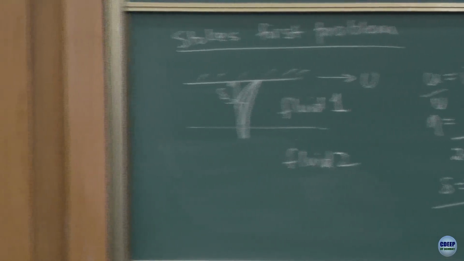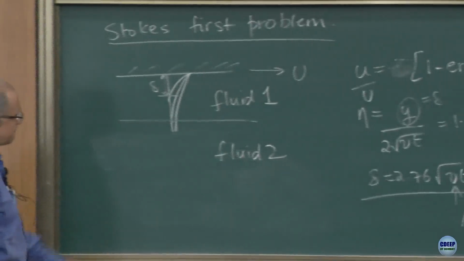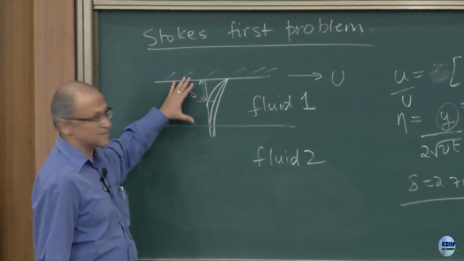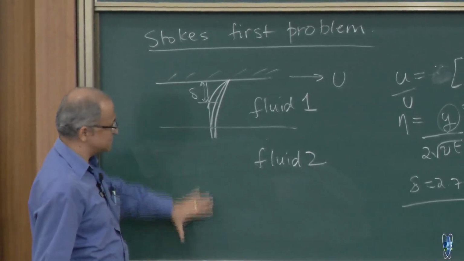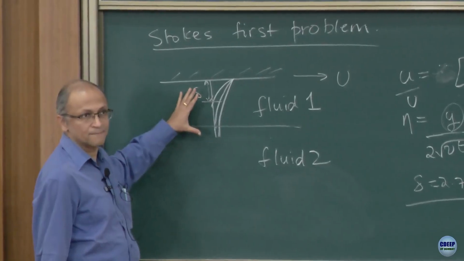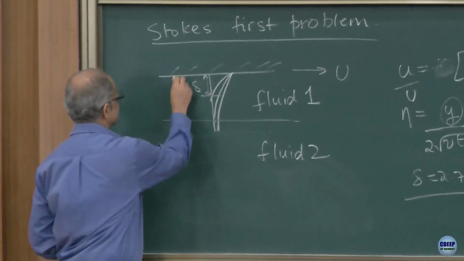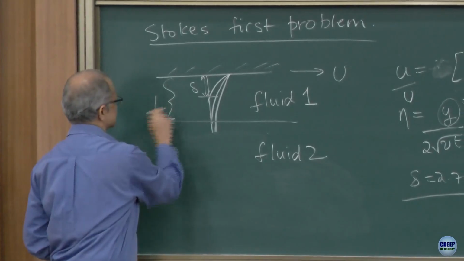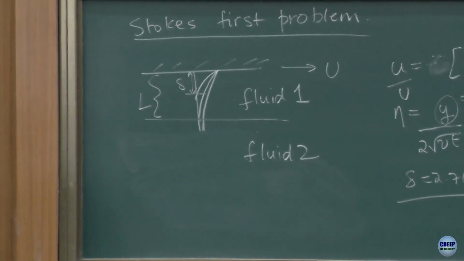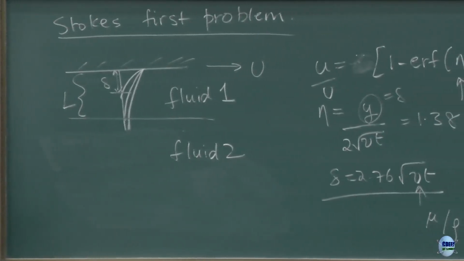Now if there is fluid 1 and fluid 2, what have I done? You will immediately have to ask me how far is this plate, what is the depth of this fluid 1? Maybe fluid 2 is still infinite. So you can see that this length scale L is now coming into the picture, and my solution is no longer going to satisfy the similarity.